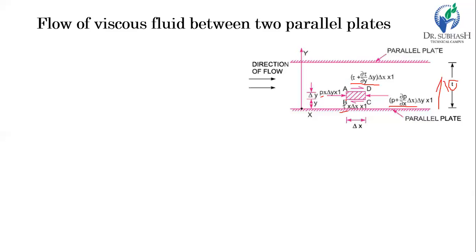On the side BC, the fluid layer flowing just near it has a velocity less than the velocity of the element, whereas on AD it is the opposite, because the layer just adjacent to the side AD has a higher velocity. So this is the reason for the different directions of these two shear forces.